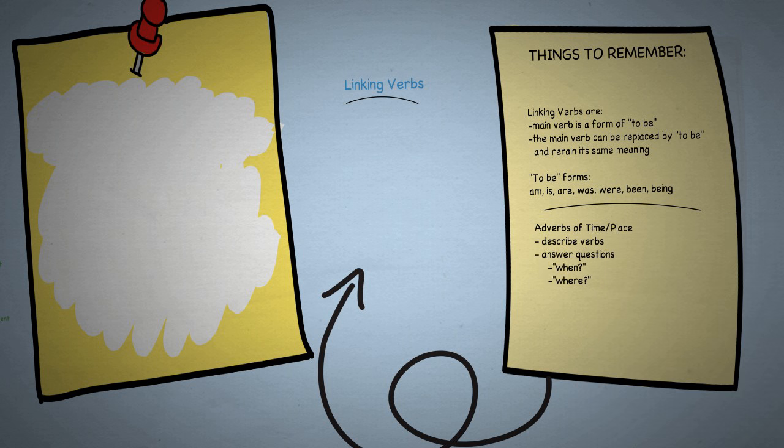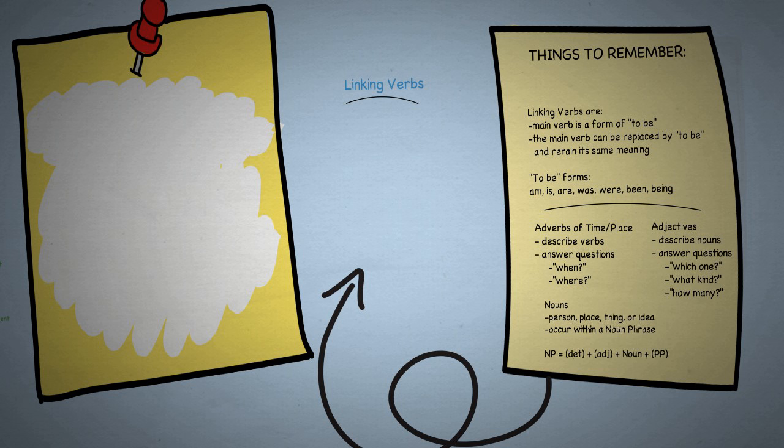One is an adverb of time or place, stating where or when an event has taken place. Another is an adjective that is describing the subject, again, linking information in the predicate back to the subject, but it's typically an adjective that's describing that subject.